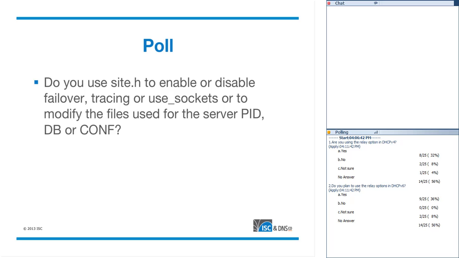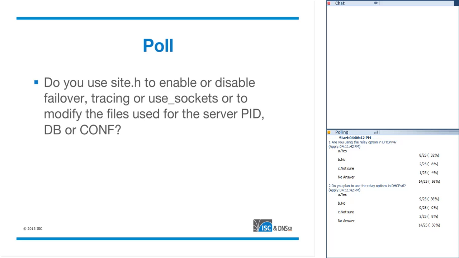Yes, so this set of features are defined in both site.h and our configuration utility, and I am attempting to clean that up and make it nice and reasonable. So our basic plan is to delete them from the site.h, and you'll only be able to affect them via configure. I believe that's probably what most people are already doing. And for the files, for example, v6, you can only do them via configure. You can't affect them via site.h.